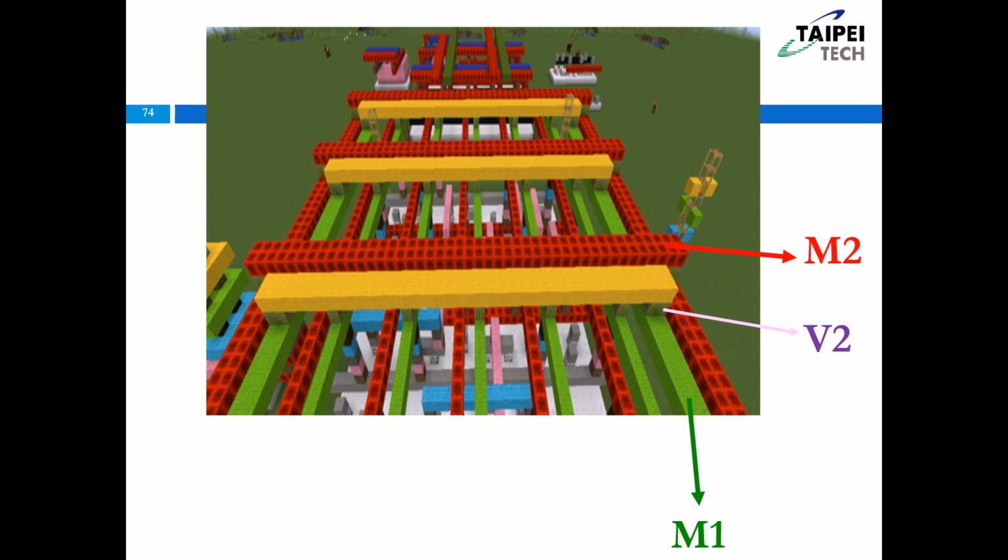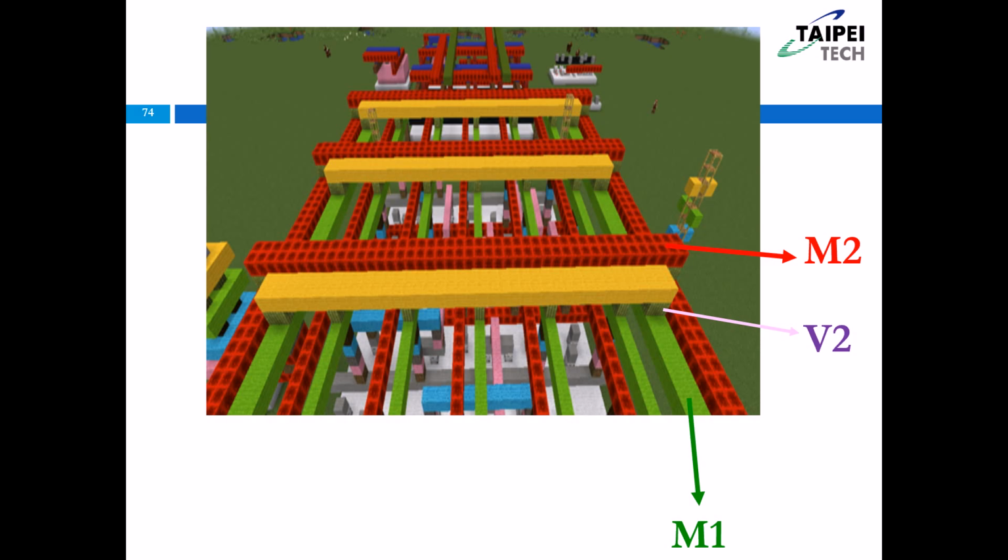If we assume metal one is the green layer, it is a very, very long metal line, so it's a global interconnect. But we don't say that. We just need to know metal one means this metal layer is a very long metal line. So we write down M1, okay?